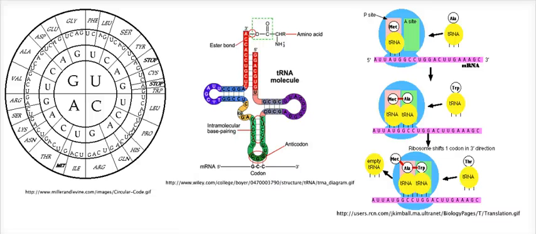In this video, we'll continue talking about translation and finally get to how the genetic code, that is the sequence of DNA bases, is translated to sequences of amino acids, which determine the functions of proteins.